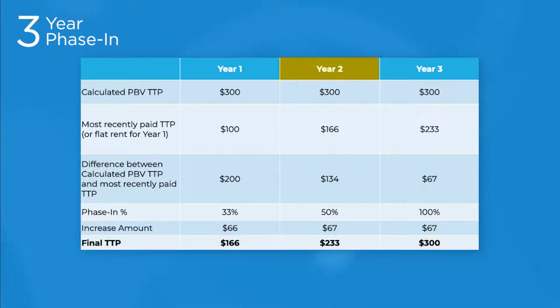At the second annual or interim recertification, the resident's contribution increases by 50% of the difference between the calculated PBV TTP and the most recently paid TTP. At the third annual recertification, the resident's contribution increases to the full calculated PBV TTP.